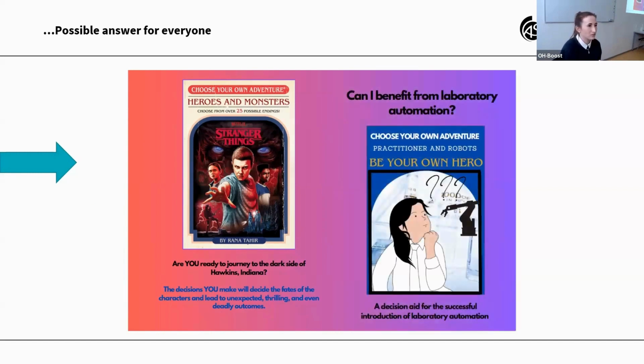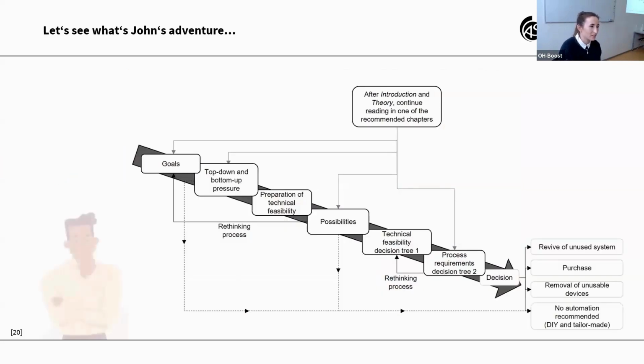And this is what we've done for the question, can I benefit from laboratory automation? So we published a feature article as an aid for successfully introducing laboratory automation. So let's have a look at our guy John, and let's go with him on an adventure.